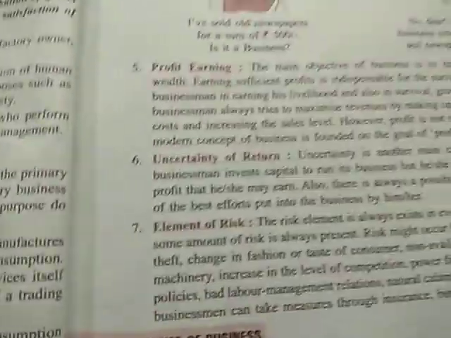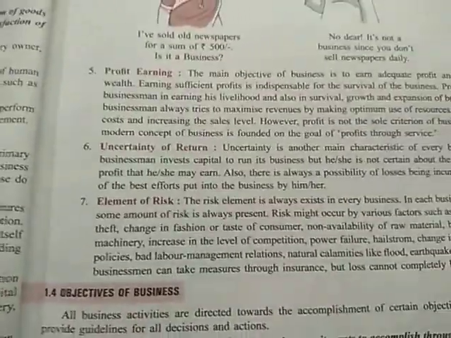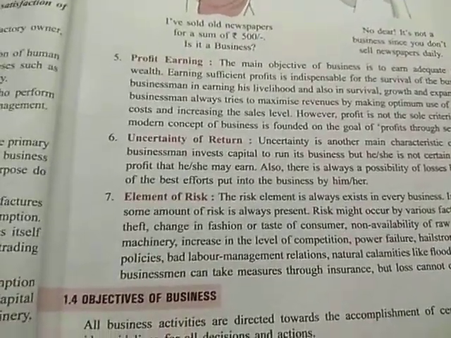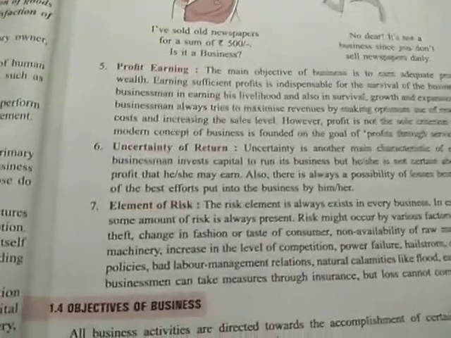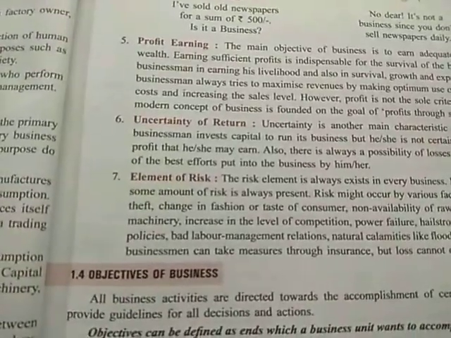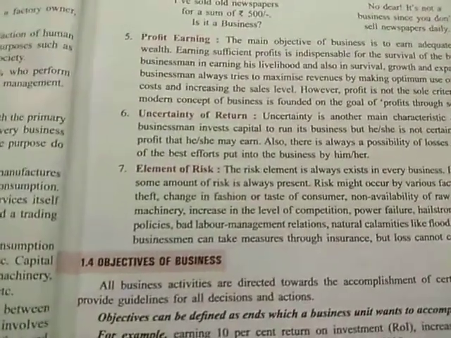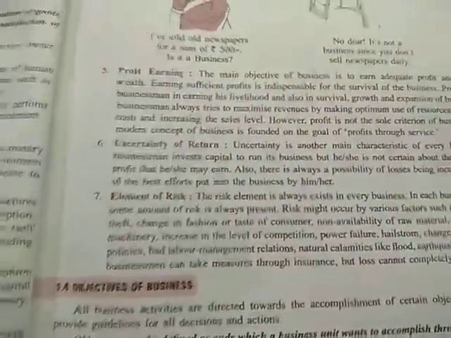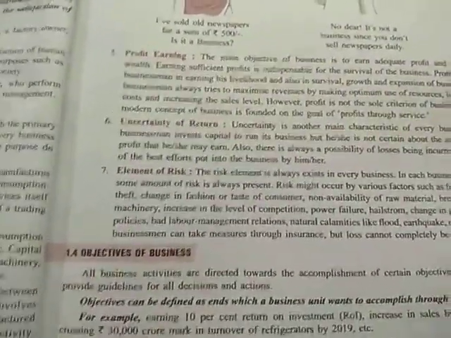Next is profit earning. This is very simple to understand. In business, it is very important that profit is needed in every business. Profit is the lifeblood of the business. So we need profit to run any kind of business. Next is uncertainty of return. Also, the amount of profit that will be earned is uncertain. It is always uncertain in any kind of business.